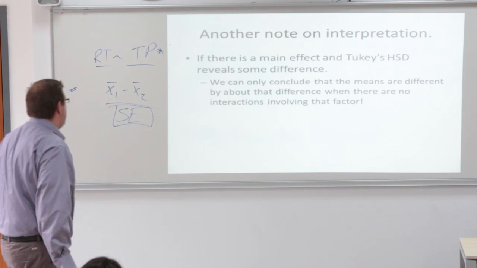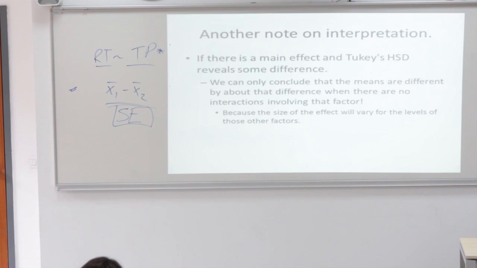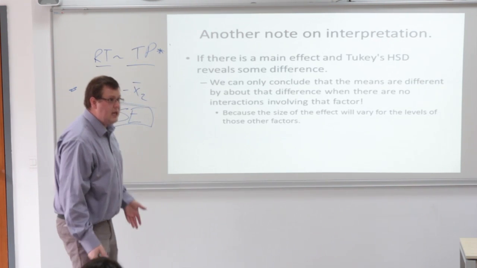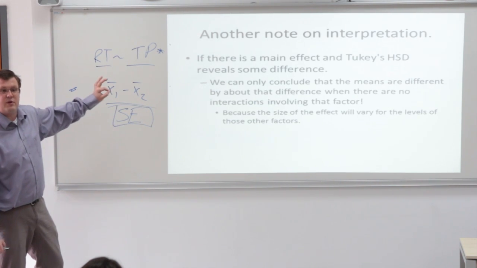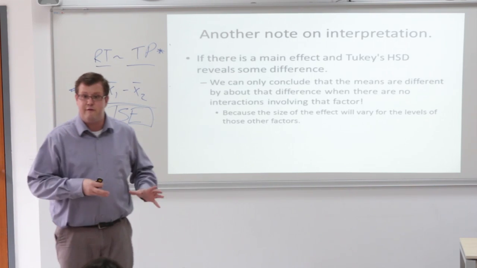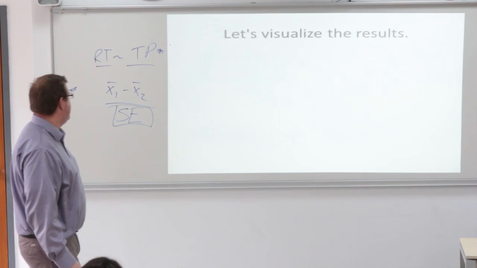Right? So we can only conclude that the means are different by some certain amount if there are no interactions. If there's an interaction, it varies. We might be able to speak generally, like generally speaking, targets with common features are slower than targets with unique features. Right? Generally, I didn't talk about the specific size.